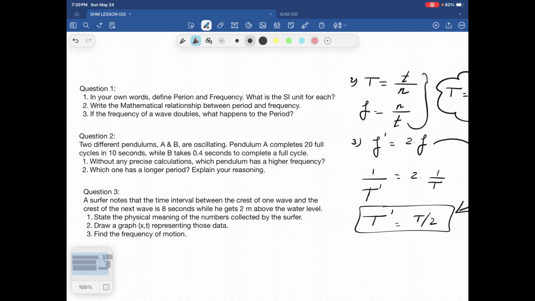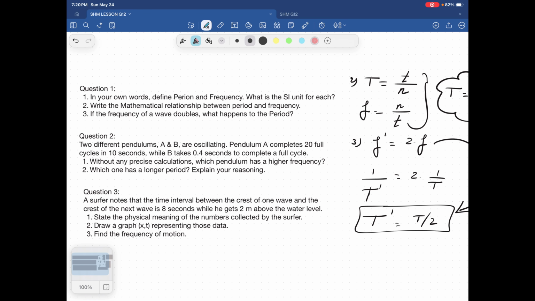Question number 3. A surfer notes that the time interval between the crest of one wave and the crest of the next wave is 8 seconds, while he gets 2 meters above the water level. State the physical meaning of the numbers collected by the surfer.